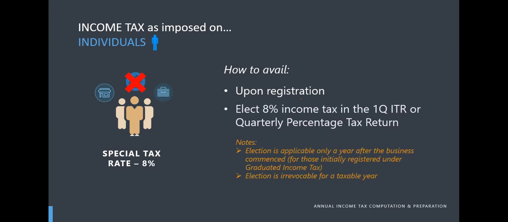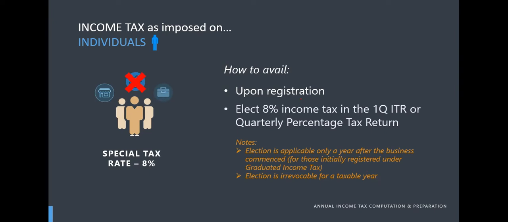So upon election, it is applicable only a year after the business commences for those who are initially registered under graduated income tax. And please take note that upon election of the 8% income tax, it is already irrevocable for one whole taxable year. Regardless if you elect 8% income tax or graduated income tax, that is irrevocable.